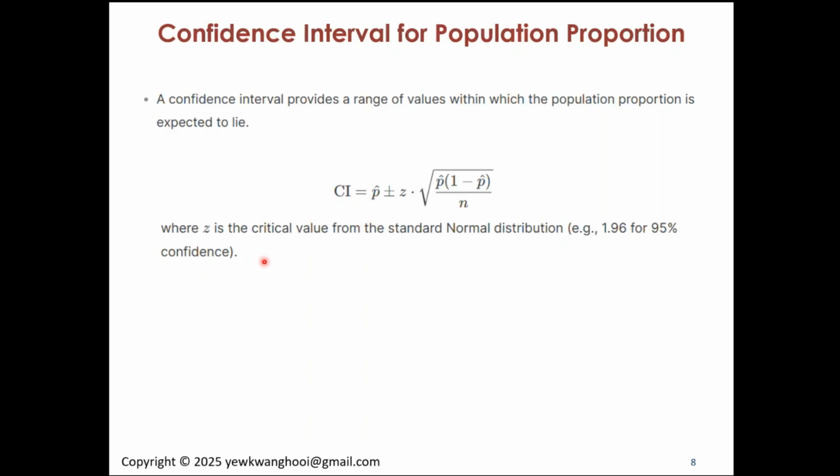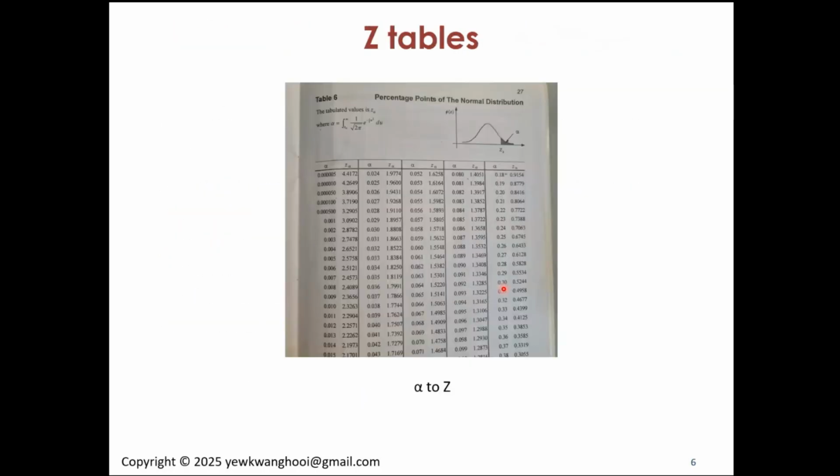So, for example, I want to know the z from the standard normal distribution or z table for 95% confidence. Let us look at this table.